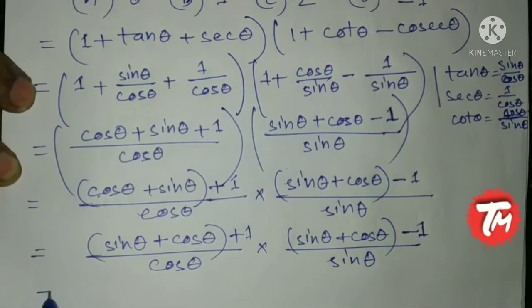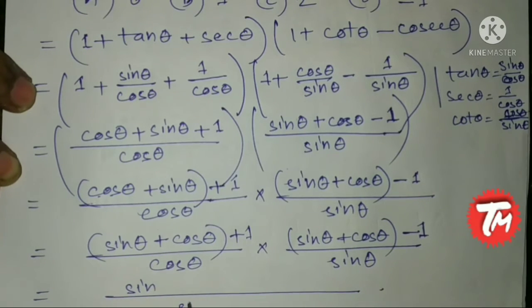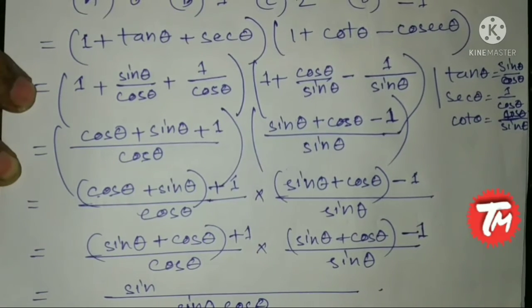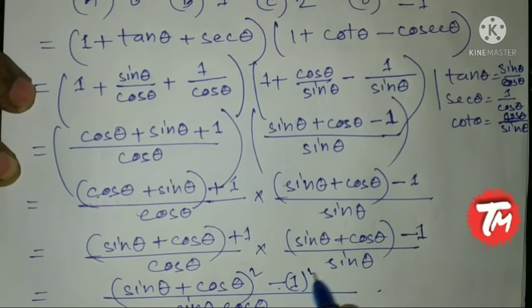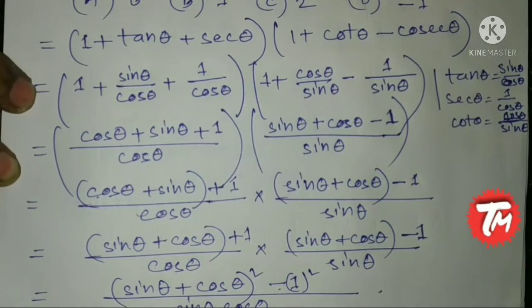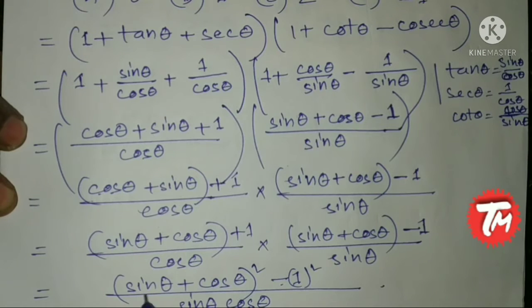Okay, so now we can write here, we have to take the LCM, cos theta into sin theta. What we can write here, that is sin theta into cos theta. So here we can write sin theta plus cos theta whole square minus 1 whole square.